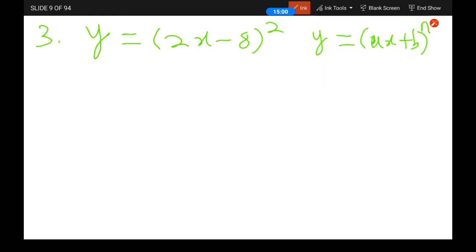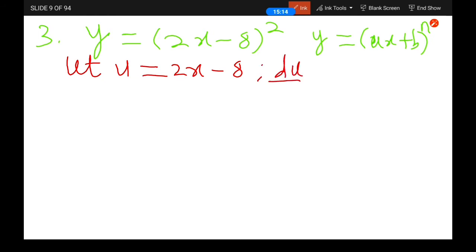So let's go. Now, the first thing you do is to say, let u be the inside, and that is 2x minus 8. So we have u, we have x. So you say du dx will give us what? 2. If we differentiate 2x, we get 2. If we differentiate negative 8, we get 0. That is good. The next thing is we now have y will now be what?